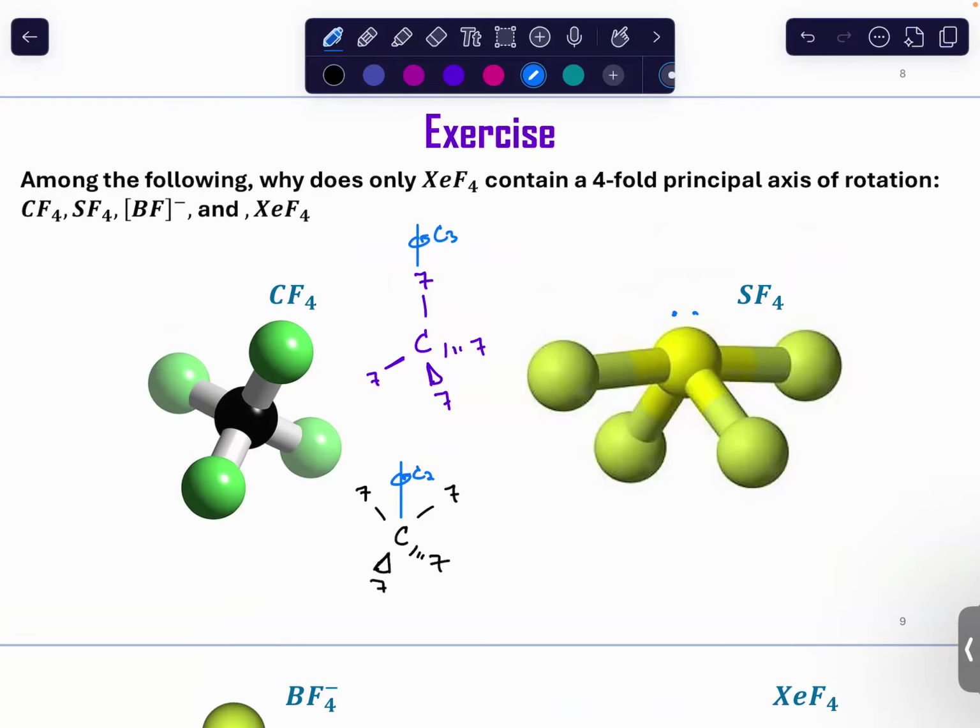You can definitely see the C2 axis, and that's actually the only axis you have. You can see a C2 axis, but there's no way to do a C4 axis.